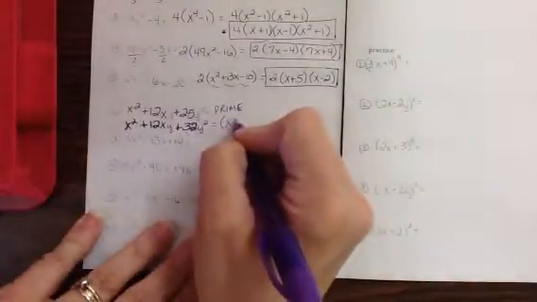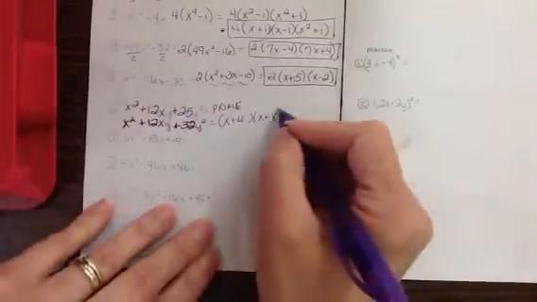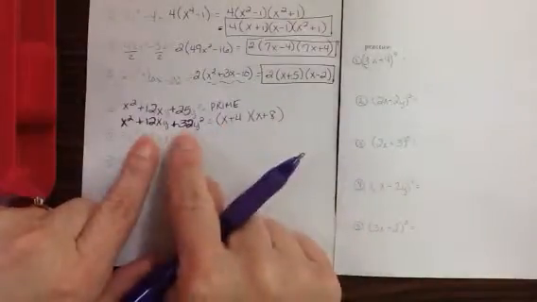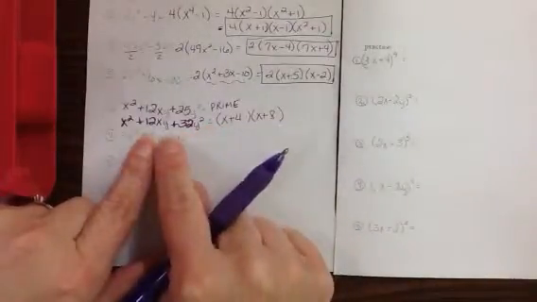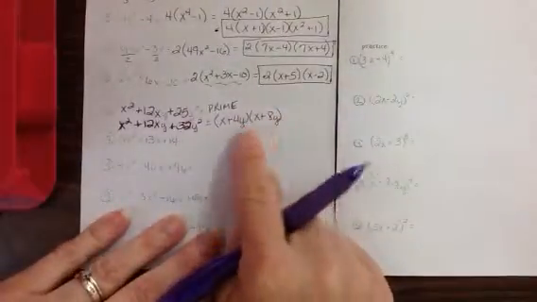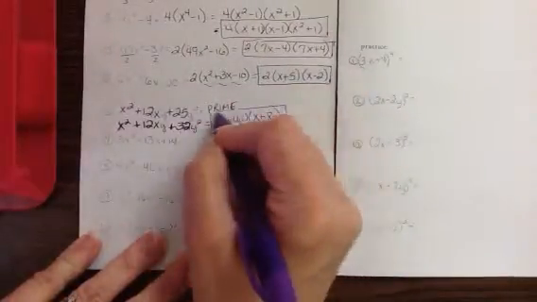So that would be x plus 4 and x plus 8. But we need 32y squared and 12xy. Well, if we just put a y in here with each of these, that'll get us our 32y squared and our 12xy in the middle.